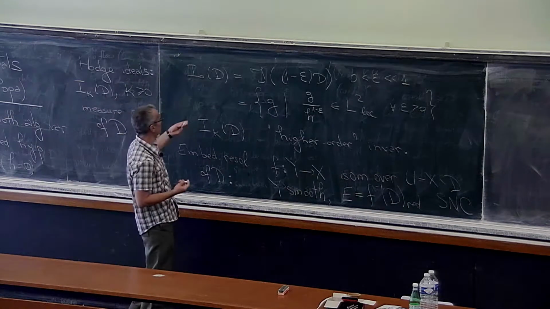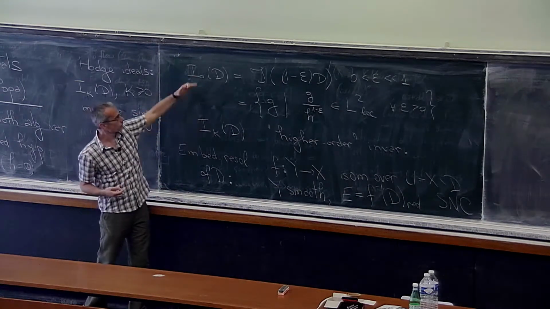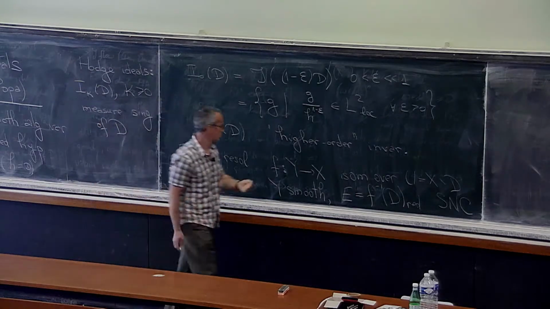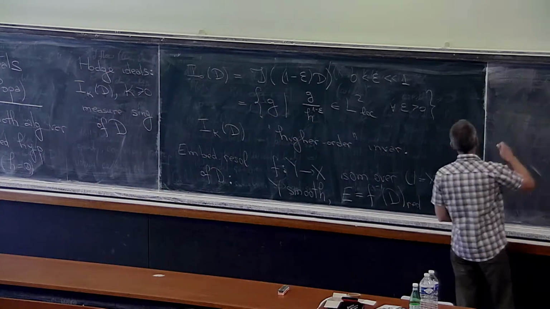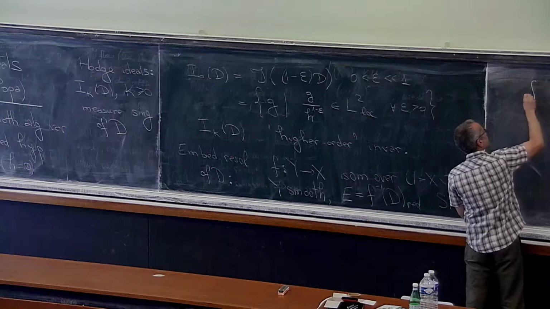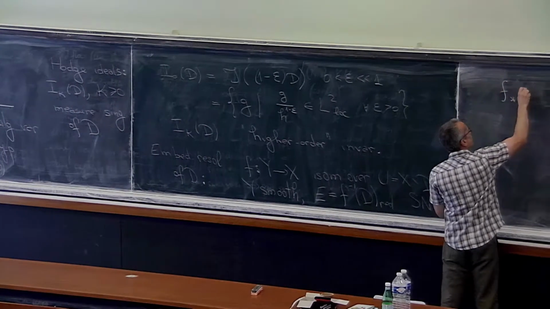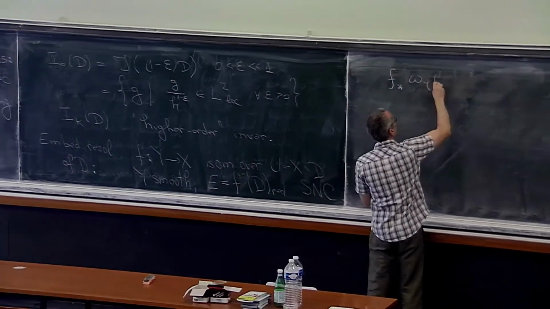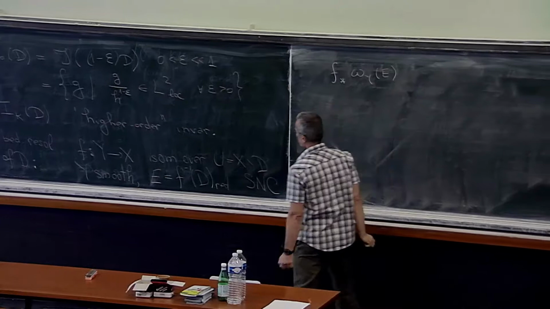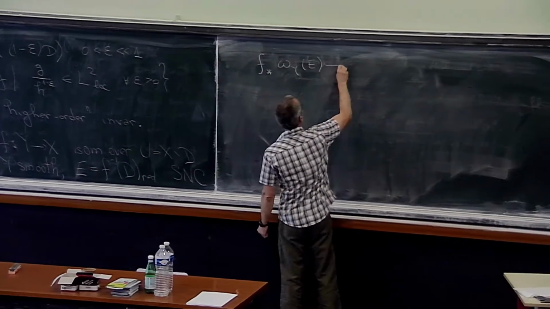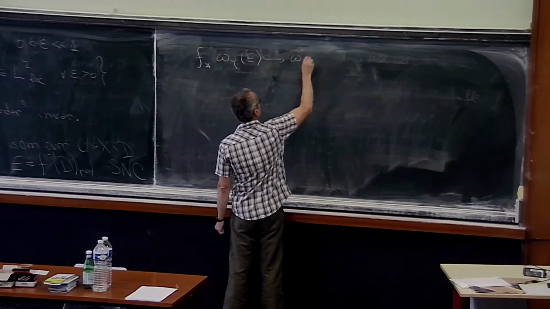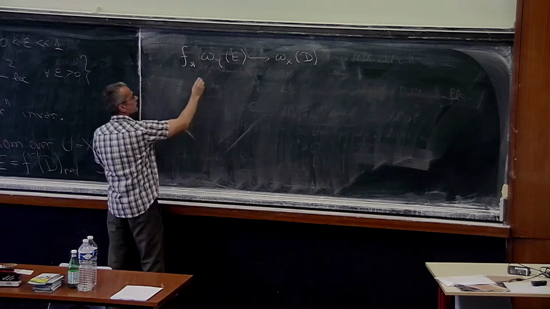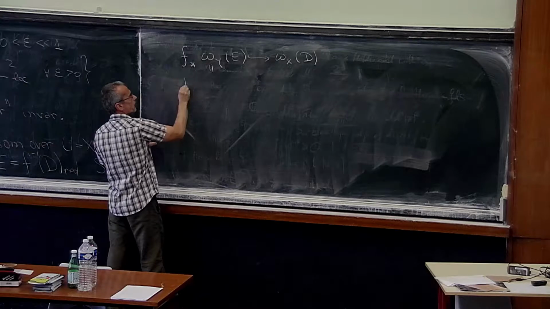Let me remind you from this point of view how one can think about this ideal I_0 of D. What's straightforward to see is that if you push forward omega_Y, the top differential forms, twisted by E, this lies inside omega_X twisted by D. The difference is precisely given by this multiplier ideal.